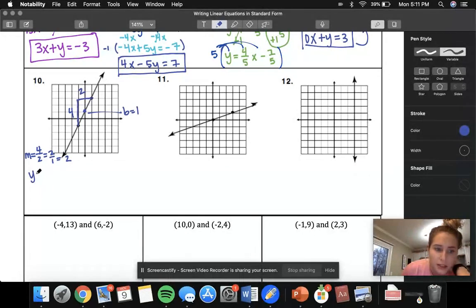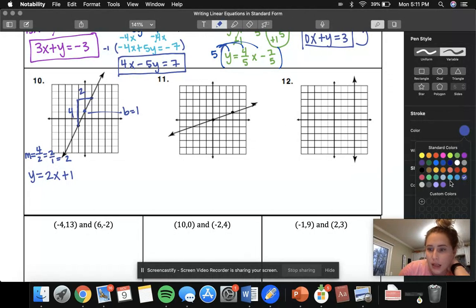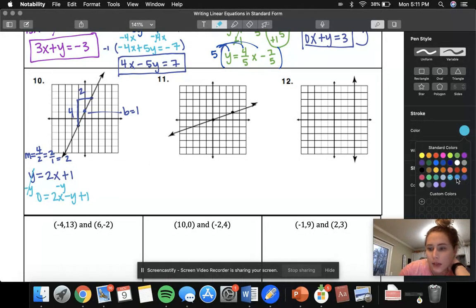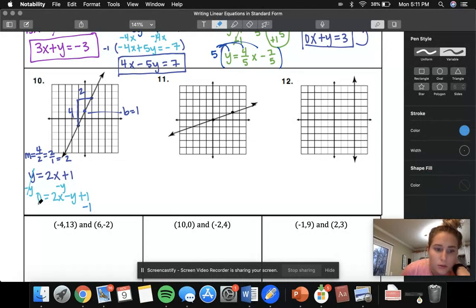So we could just write this equation, y equals 2x plus 1. And then to write it in standard form, I'm going to just swap out, 2x minus y plus 1. And then I'm going to move the 1 over with subtraction and get 2x minus y equaling -1.